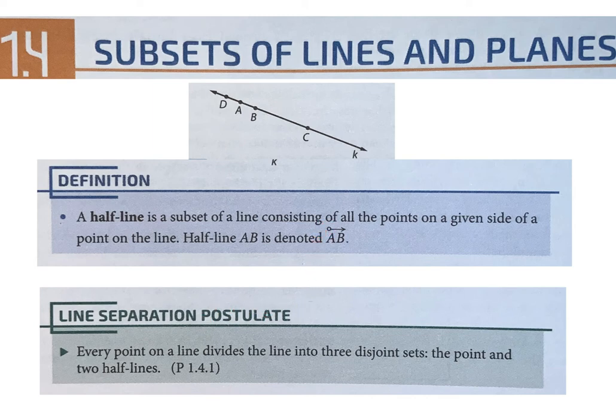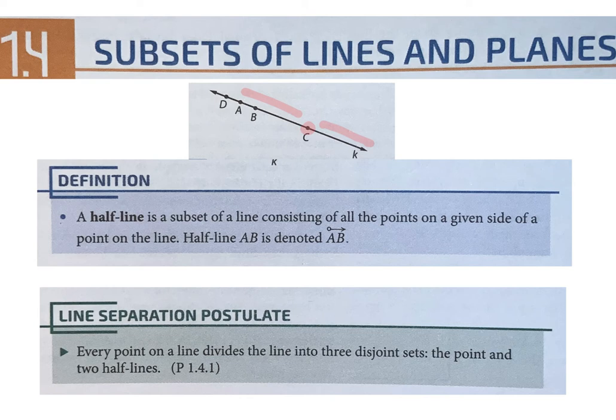Line separation. Every point on a line divides the line into 3 disjoint sets. So remember, a line is an infinite set of points. Every point on that line can actually divide it. You have the point, and then you have 2 half lines. So you think of it as this particular line right here. We could say we have this point, and then it divides it into 2 half lines.